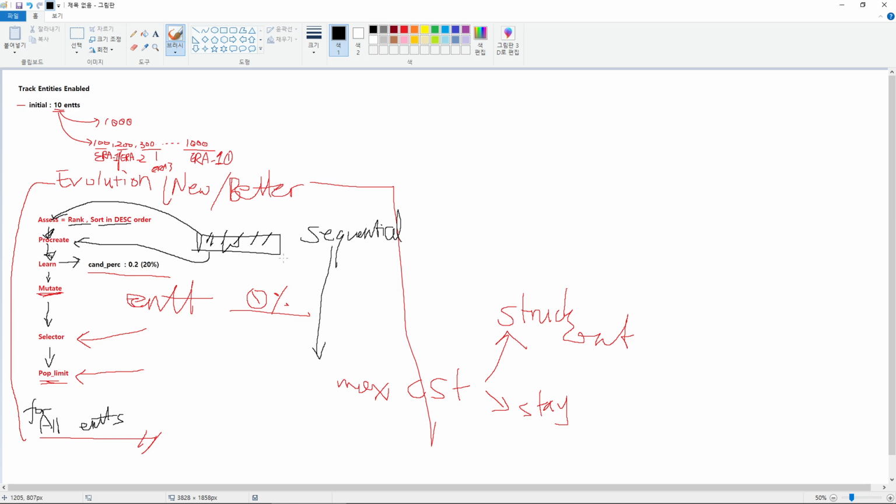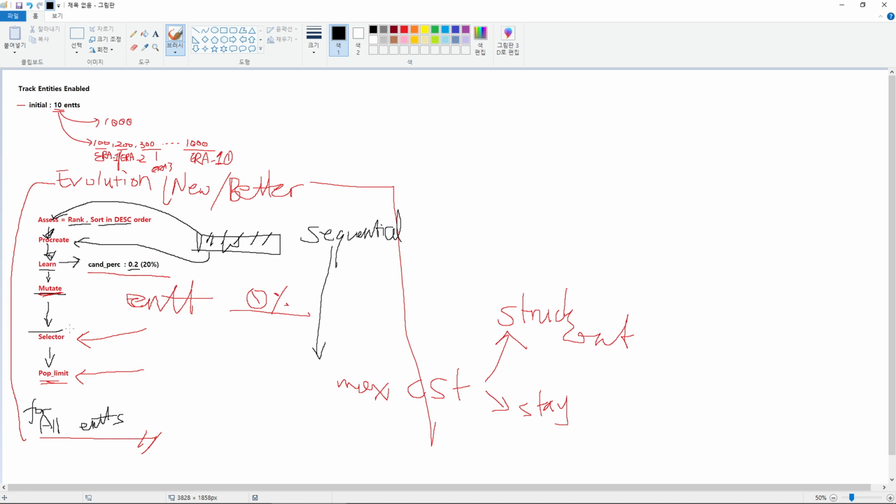Some entities are chosen as parents for procreation, and then some entities are chosen as learn candidates, in this case 0.2 or 20% of them, and then all entities are susceptible to mutation, albeit given their own separate and potentially different individual mutation rates.